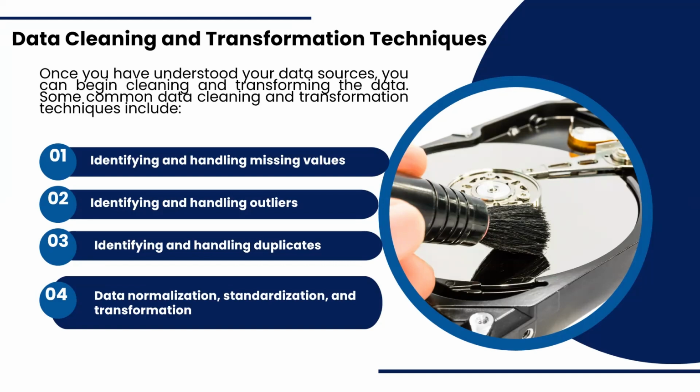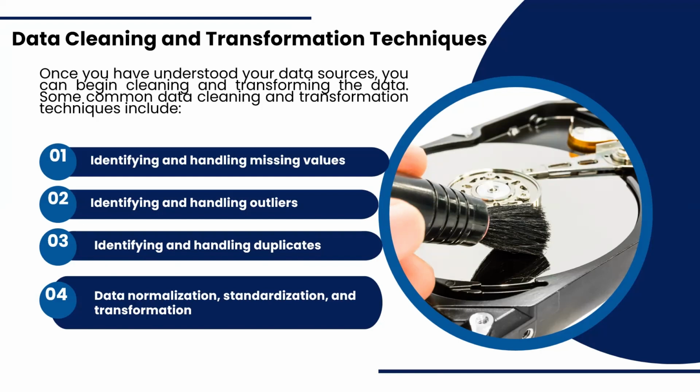The third technique used to clean data is identification and handling of duplicates. Duplicate records are another common data quality issue. Duplicate records can be caused by human errors or by the integration of data from multiple sources.